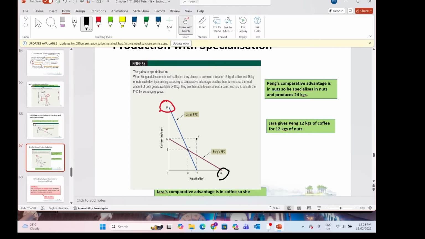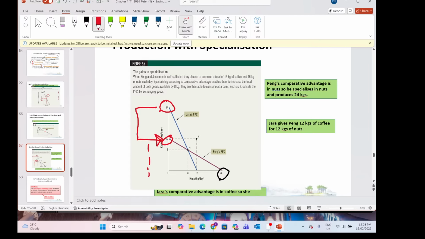He makes nuts. And then Jara says to Peng, what if I make 24 units of coffee and I give you 12? How many could I keep? I could keep 12. So he makes 24, but he keeps 12.